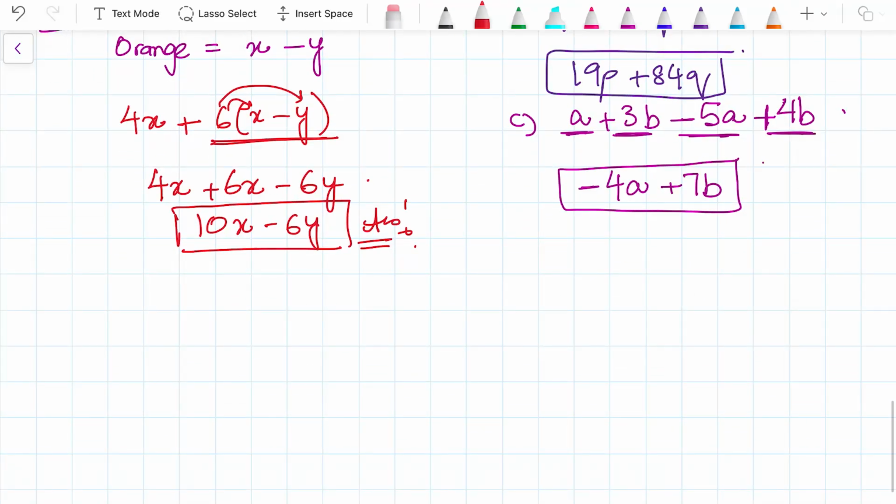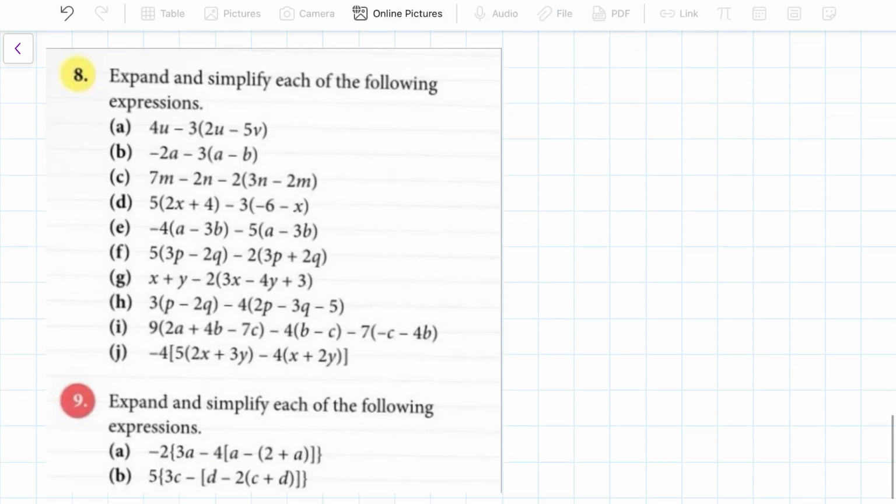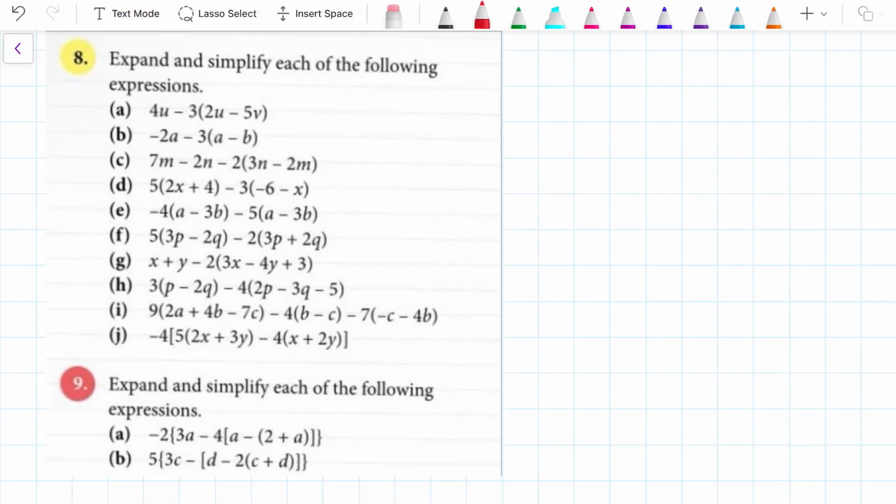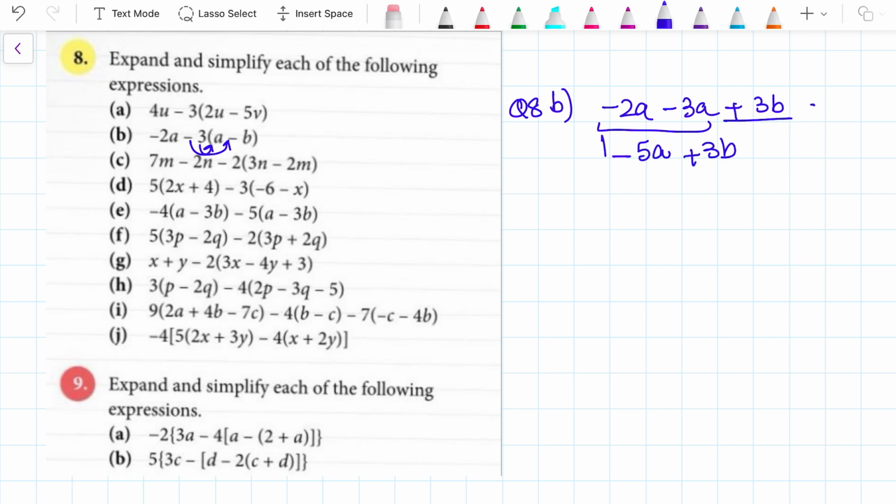Let's do a couple more practice questions. I will do just a couple of parts from question 8 and then move on to advanced levels. Question 8 part b: minus 2a minus 3a, minus minus is a plus 3b. Like terms, minus minus is a plus, with the sign of the bigger number as minus. Copy it down.